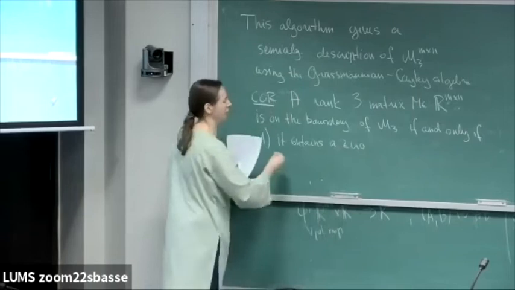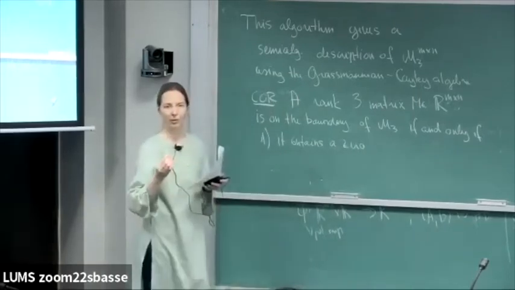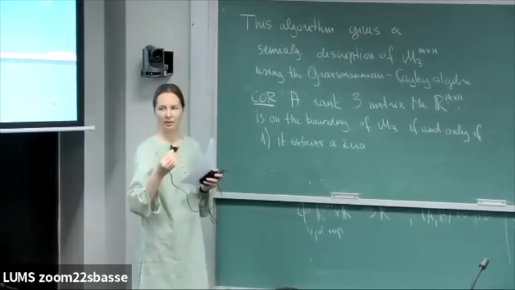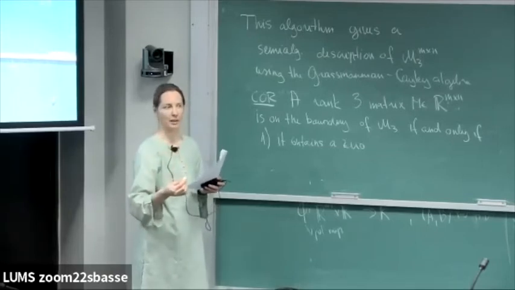If a matrix contains a 0, it's always on the boundary, because if we change the 0 to a negative number, then we get something that's not in the semi-algebraic set.